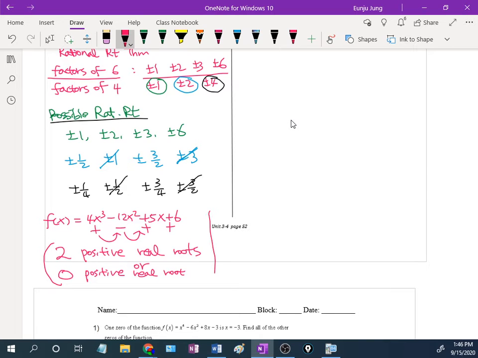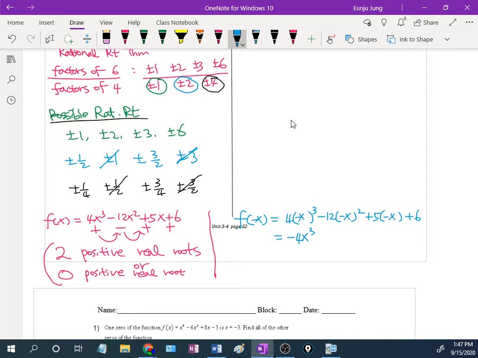And if I go with negative x, instead of putting x, I need to evaluate with negative x, so we will simplify first. I'm replacing x with negative x, and let's simplify. So we can check how many negative solutions are possible. The first one, negative of x cubed, will be negative.